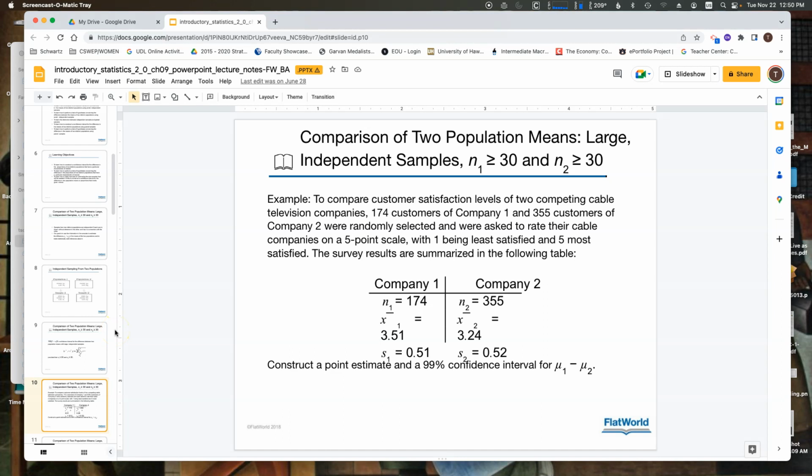Well, the first thing we need to do here is start to apply this. What if we have the following data? We have two samples that are each large enough, 174 and 355. We have mean values provided of 3.51 and 3.24.